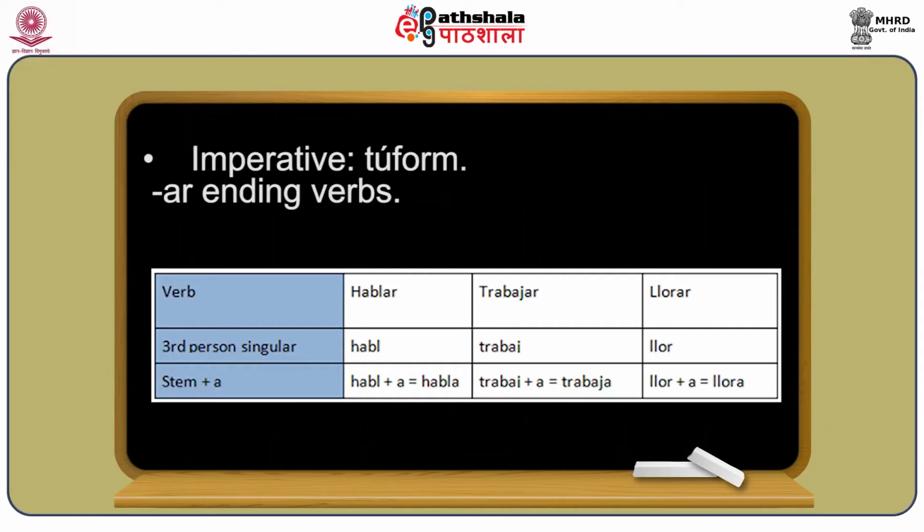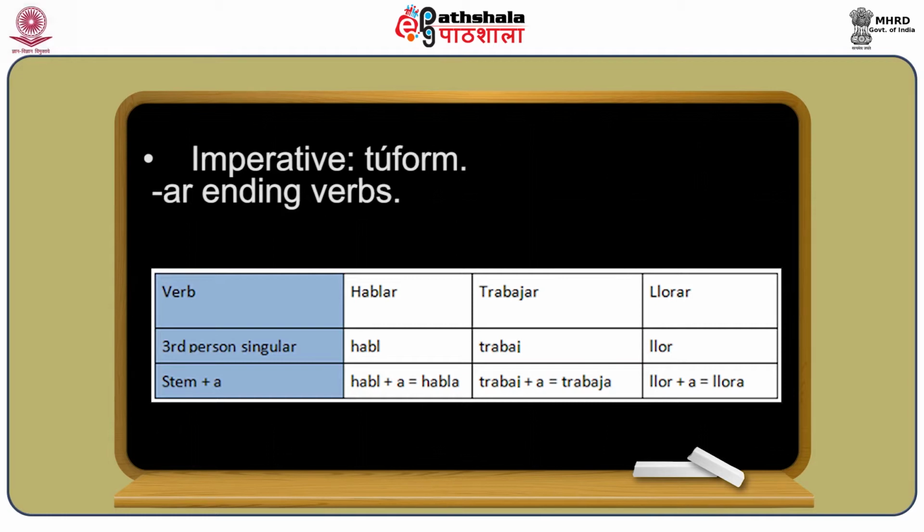Now let's start with the imperative or the command of the tú form. So we'll start with how we form the command in Spanish in the tú form. For the formation of an imperative, we need to first determine whether the verb is AR ending, ER ending or IR ending.